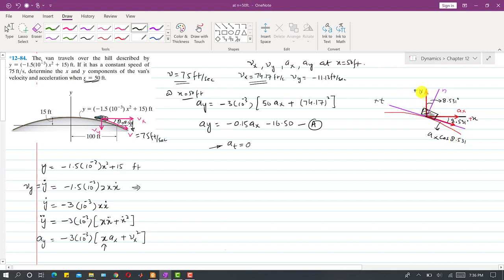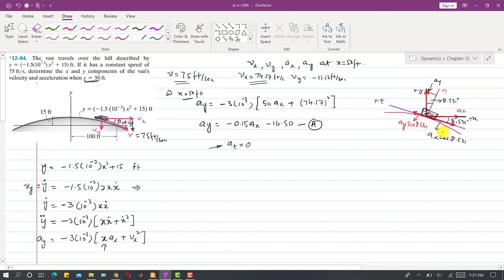And now if we find the component of this ay along this t-axis, the component which is parallel to the tangent, this vector will be the sine component of ay, so this component will be ay sine of 8.531.